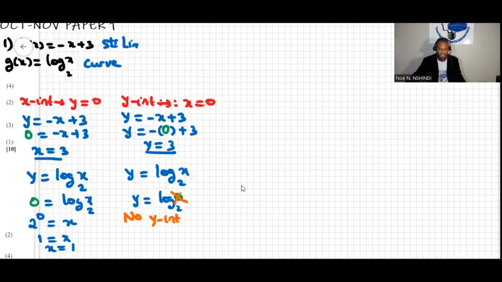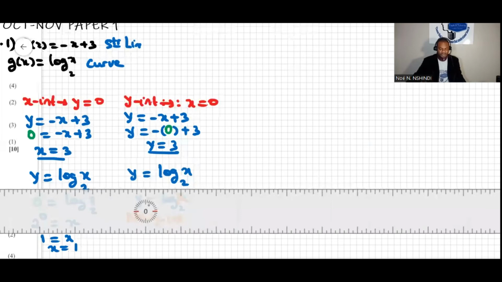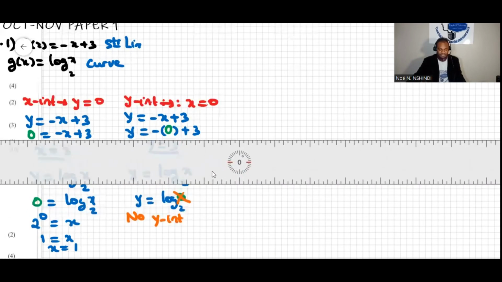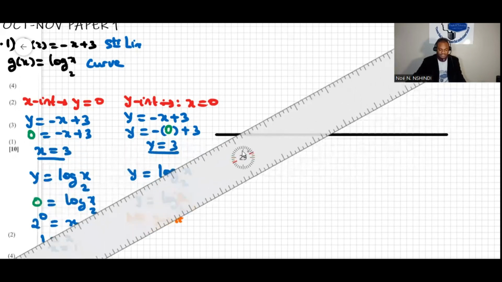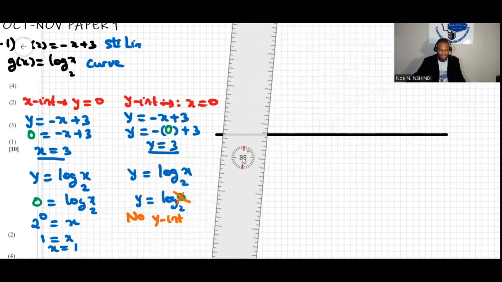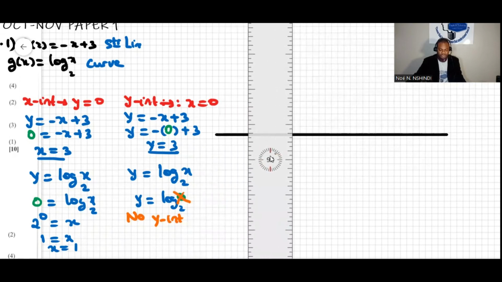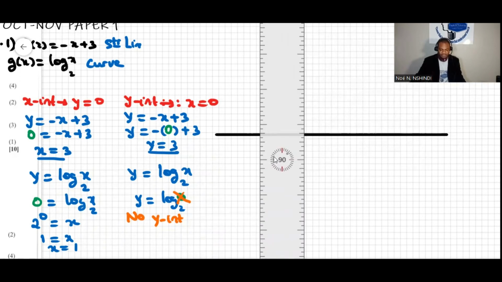Now that we have the intercepts, we can draw the graph. I'm going to move my board over here and use the information I have to draw the graph. We start by drawing the horizontal line, the x-axis, and then the y-axis. They must be perpendicular.